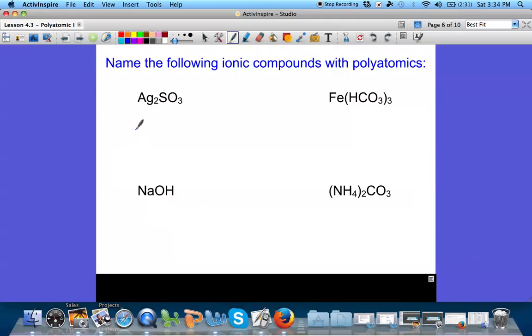Welcome back. We have Ag2SO3. This is going to be silver sulfite. And then we have NaOH. This is going to be sodium hydroxide.